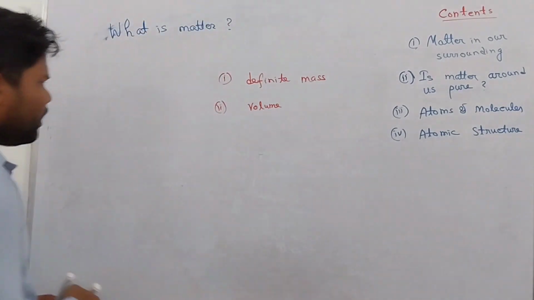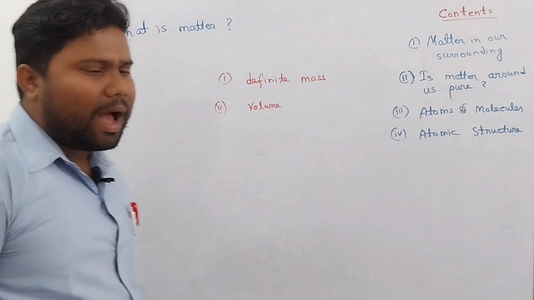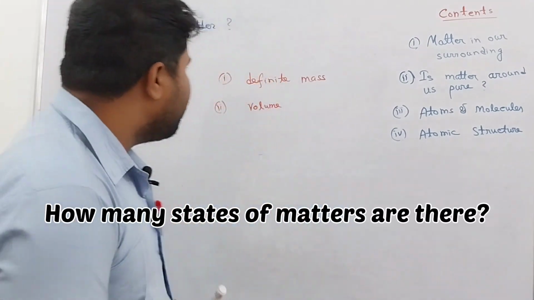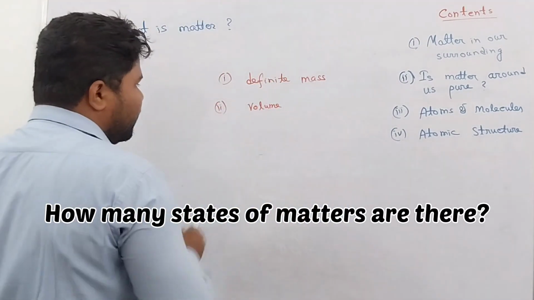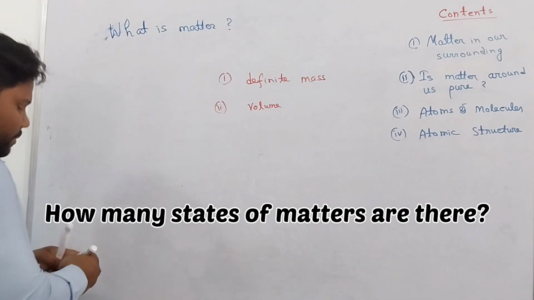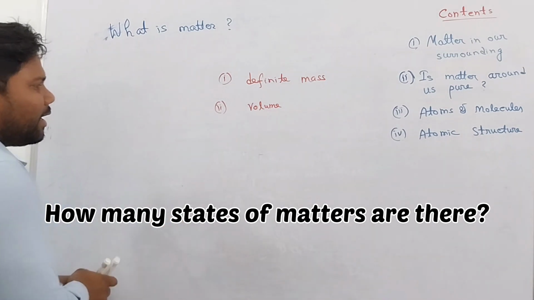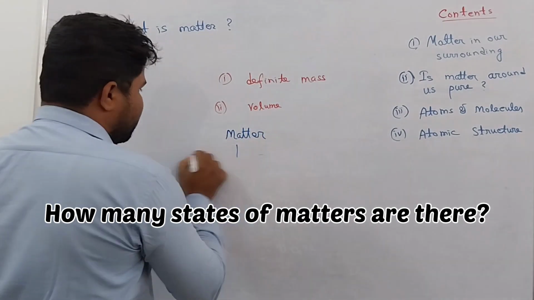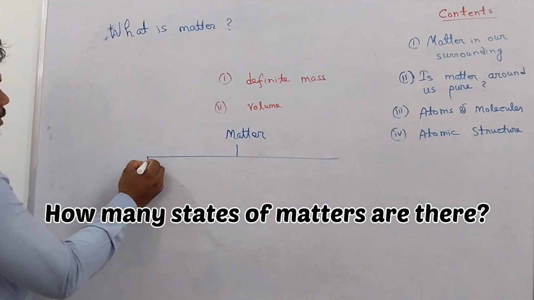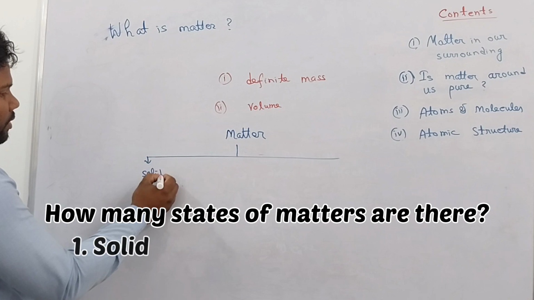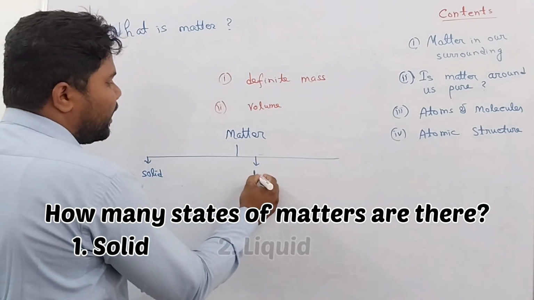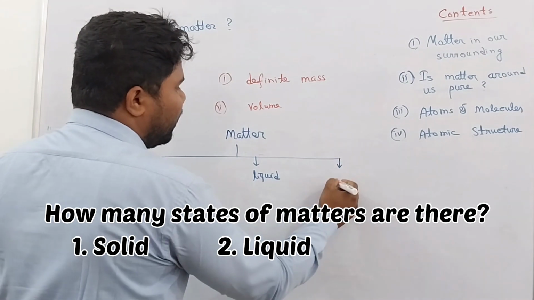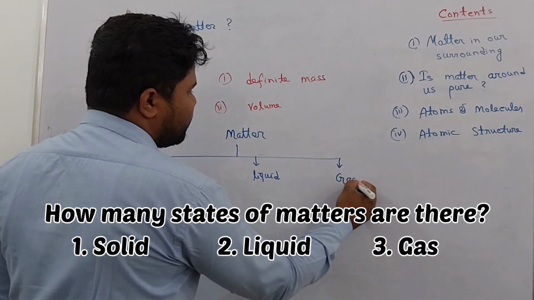Now, the question is, how many states of matter are there? There are 3 states of matter. That means matter can be classified in 3 ways. The first one is solid, the second one is liquid and the third one is gas.